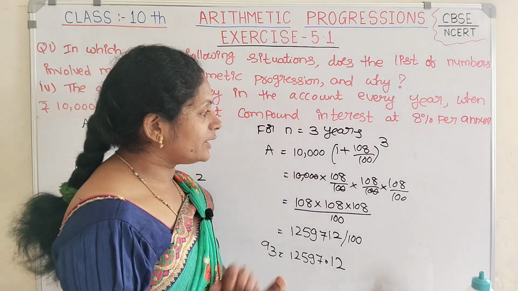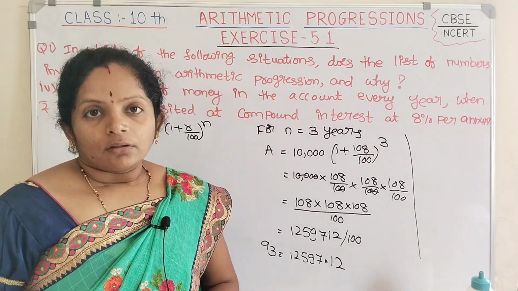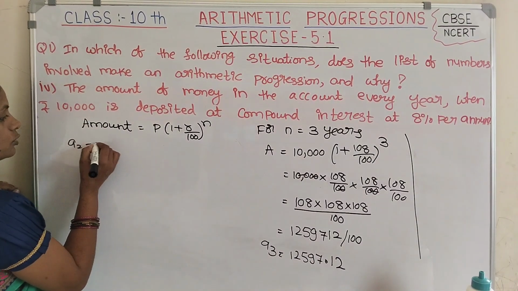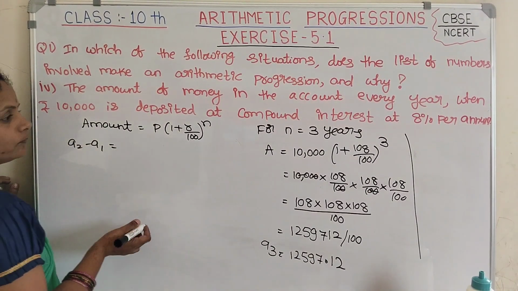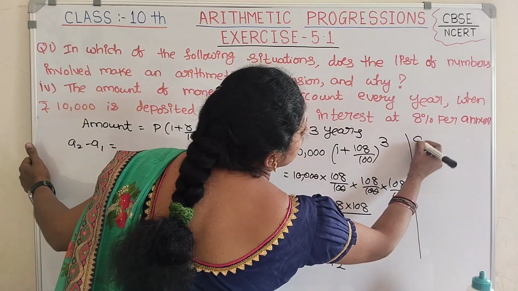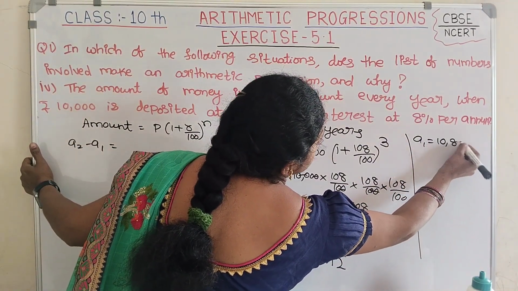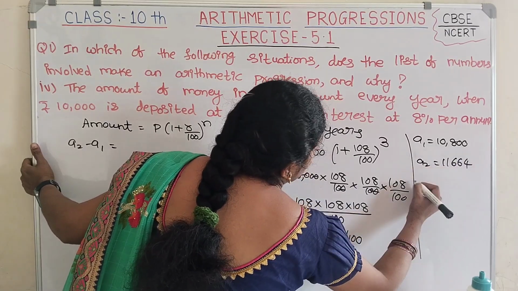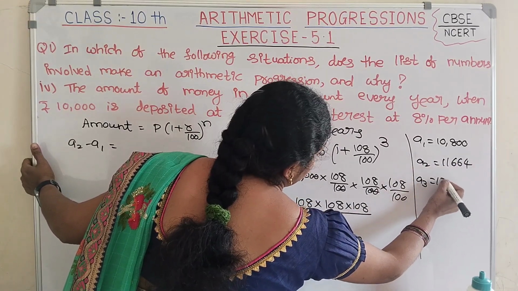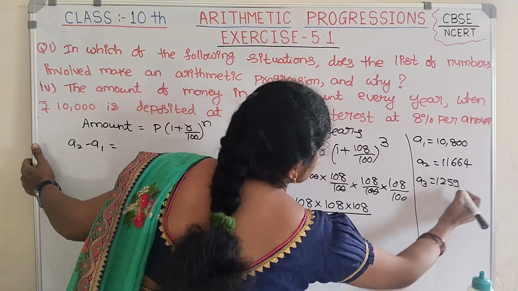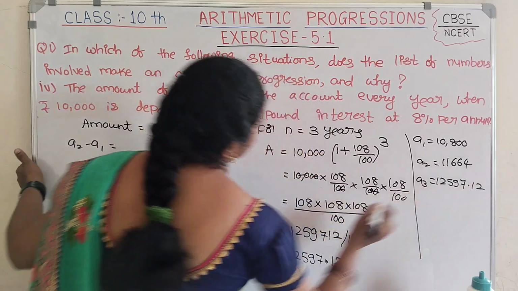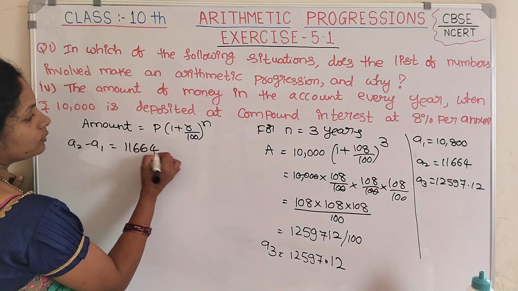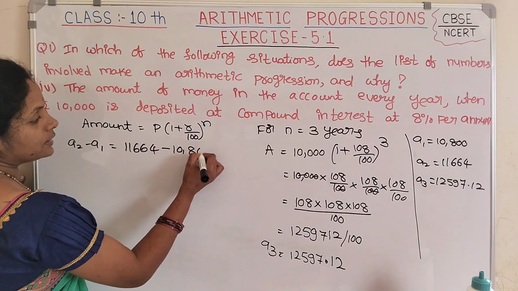Let's see whether we get the same common difference or not. Let's do the common difference. A2 minus A1. I will write A1 as 10,800, A2 as 11664 and A3 is equal to 12597.12. A2 is 11664 minus 10,800.